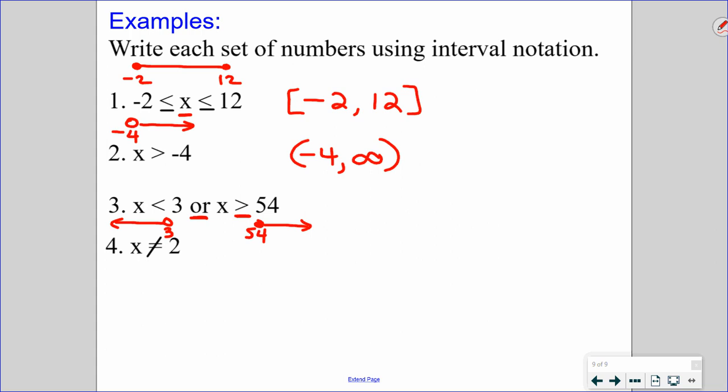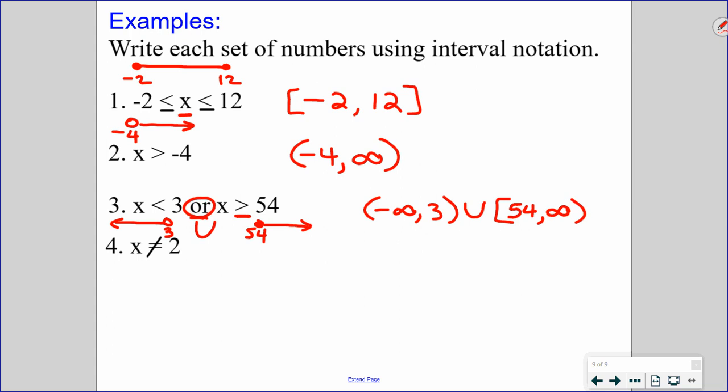And to represent the or in the middle, we are going to use our symbol for set notation, and we're going to put a U in between. Okay, so in interval notation, this would be negative infinity, comma 3, parentheses, U, bracket on the 54, comma infinity.